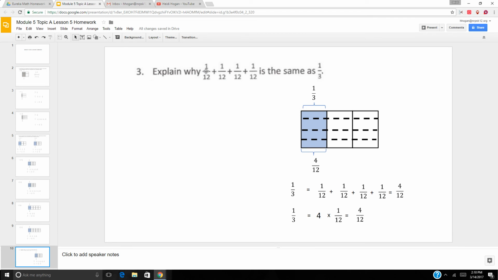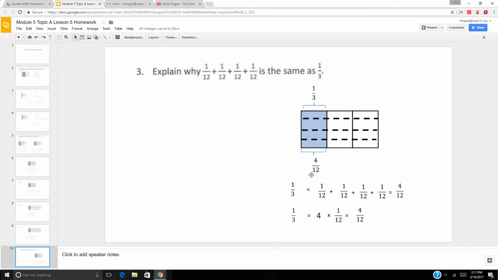And the last one. Explain why 1/12 plus 1/12 plus 1/12 plus 1/12 is the same as 1/3. So what they're saying is 4/12. So they want to know that 1/3 equals 4/12. So again, you make your tape diagram 1/3, and you need to decompose it into 12ths. 1, 2, 3, 4, 5, 6, 7, 8, 9, 10, 11, 12. So you need to decompose it into 4 sections.